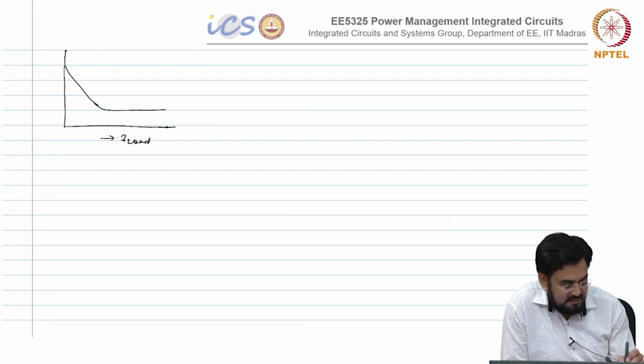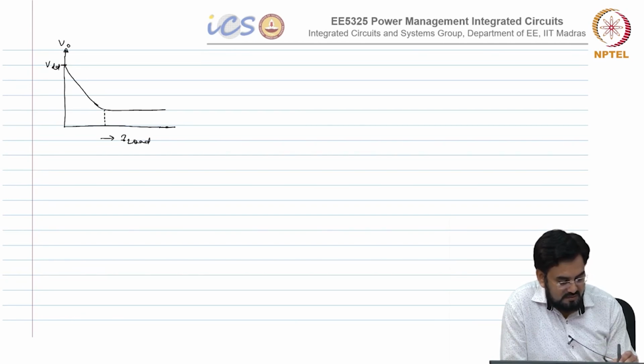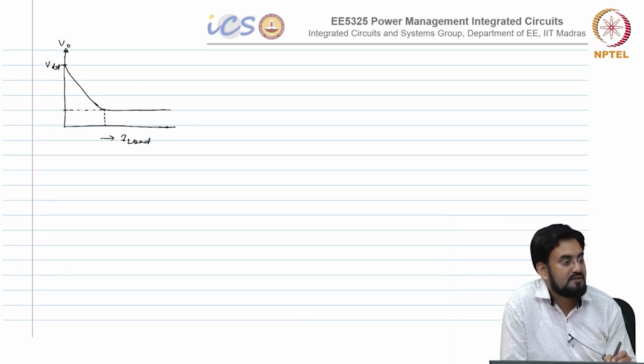Okay, this will go to VDD and this is nothing but V out. So, what will be this? D times VDD.